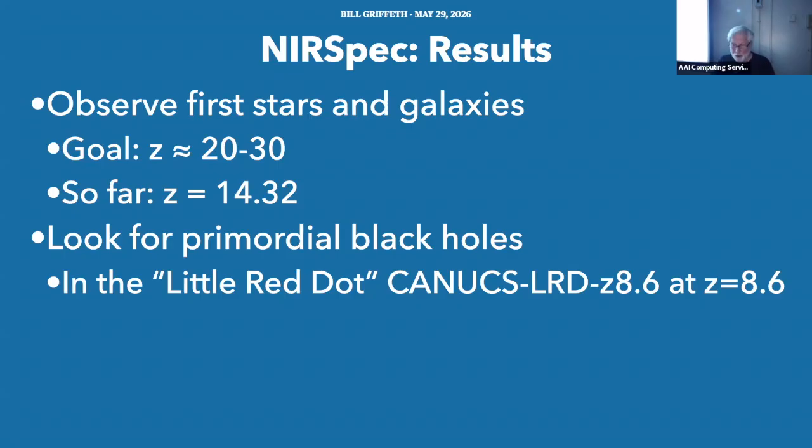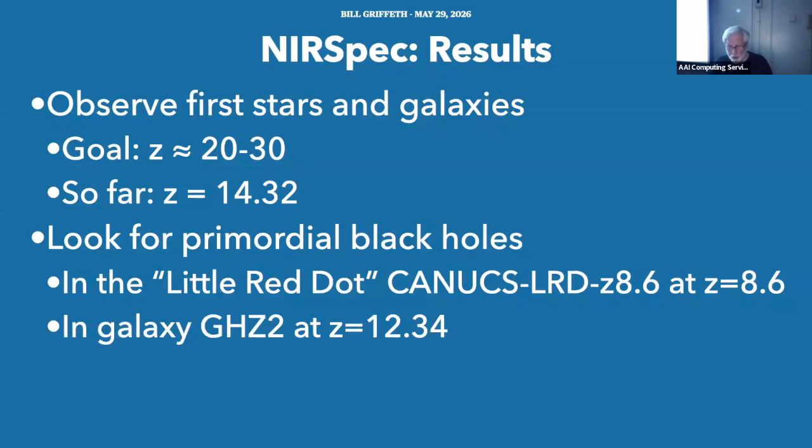So it may be formed by direct collapse of a large amount of material rather than by the collapse of large stars. There's another thought that maybe it's a giant star, like millions of solar masses, and that it could have happened only in the early universe.